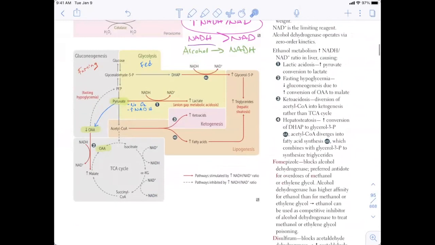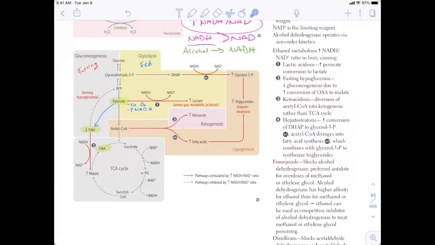Key points: alcohol increases NADH, period. Now, they will describe it as increasing the NADH to NAD ratio, but what that really means is that it increases your NADH. And when NADH is up, one of the key things you see is lactic acidosis.